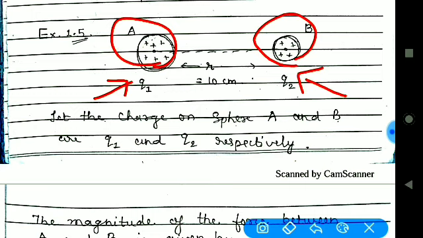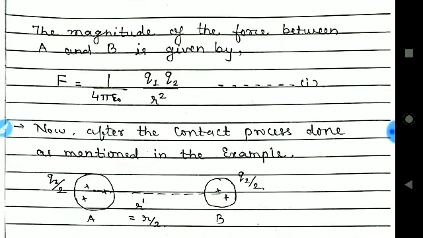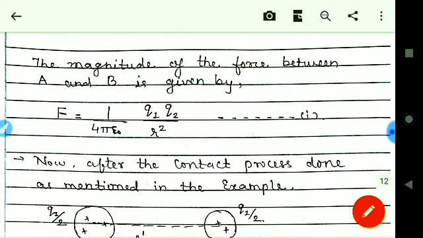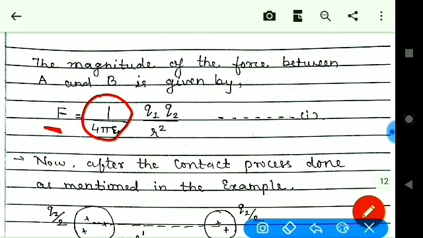These two spheres are separated by a distance r, which is 10 cm. So the force acting between these two charged particles is given by F is equal to K, which is 1 upon 4 pi epsilon naught, Q1 into Q2 upon R square. This is nothing but Coulomb's formula.